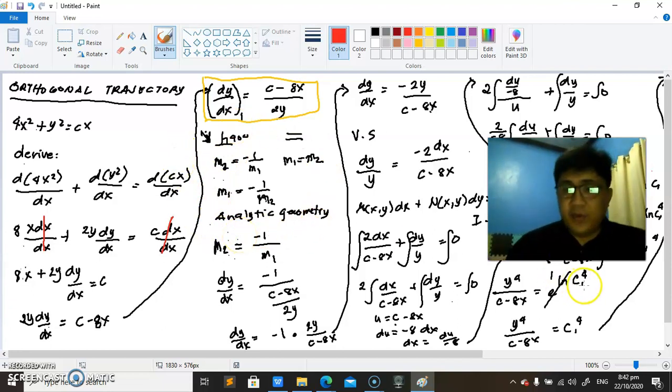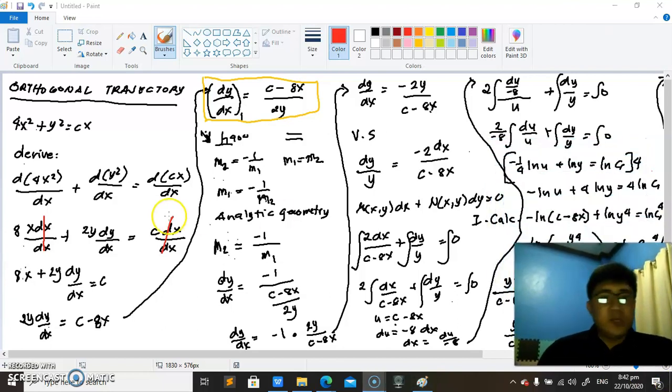So let's review before we end this topic. The first thing we need to do is to derive the given equation. After deriving the given equation, you need to get that slope. So this is the slope of the given curve, or this ellipse. After that, use the slope in order to get the other equation or the trajectory that touches that curve.